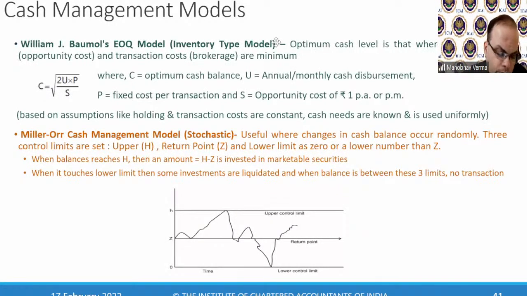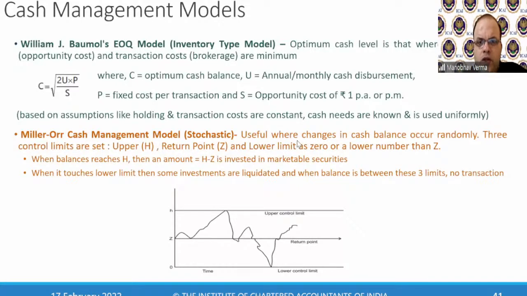Another one is the Miller-Orr cash management model. Here we need to understand the different levels in terms of the surplus and the deficiency. This is a very interesting one. What we are doing here is defining a range.